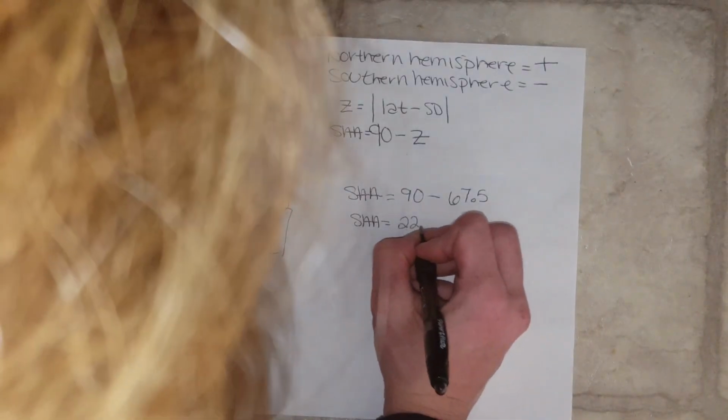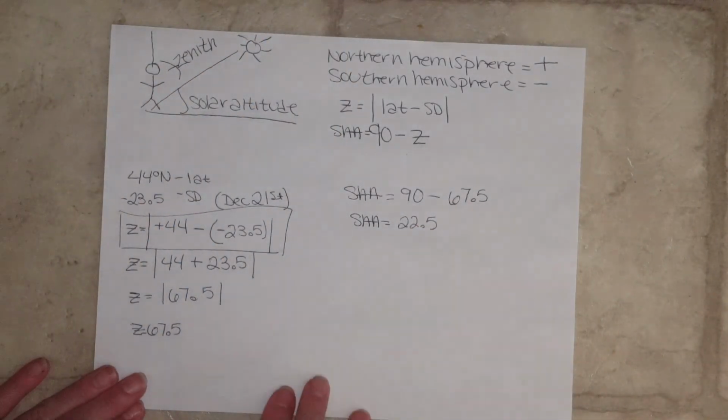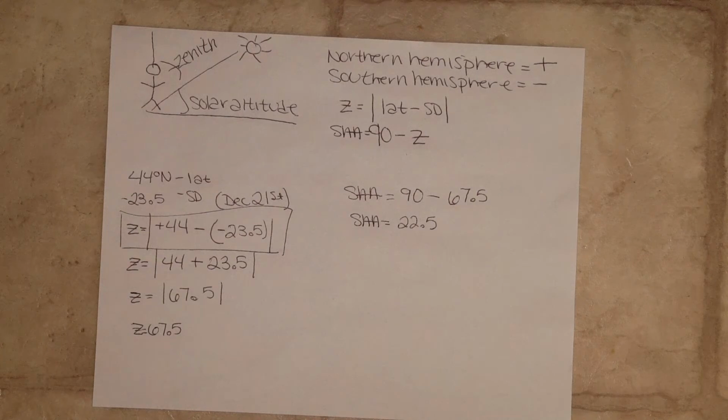Is that correct? I'm trying to check my work. 22.5. Yep, perfect. So from the horizon to the sun, it'll be 22.5 degrees that we're looking at. Again, this is certainly not difficult math. This is not differential equations or anything of that nature. It's just making sure you're plugging the right numbers into these equations.